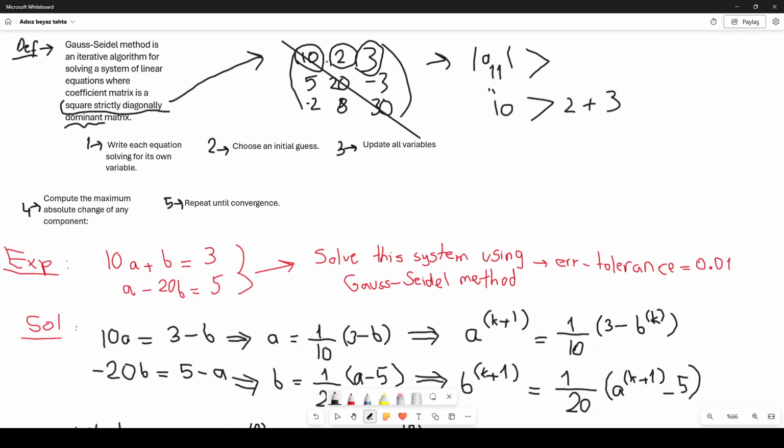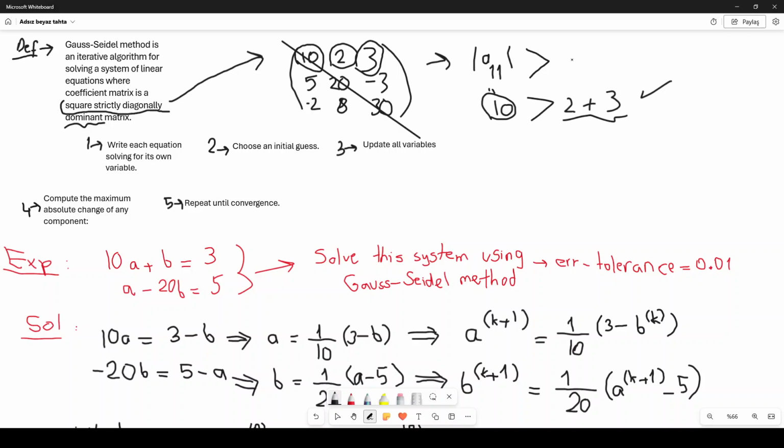So in the first row, I have 10 as the diagonal entry, and I also have 2 and 3 in the first row. The diagonal entry must be strictly greater than the sum of the other entries, and this holds for the first row. And I do the same thing for the other rows. Each row has to satisfy this property for the matrix to be strictly diagonally dominant.